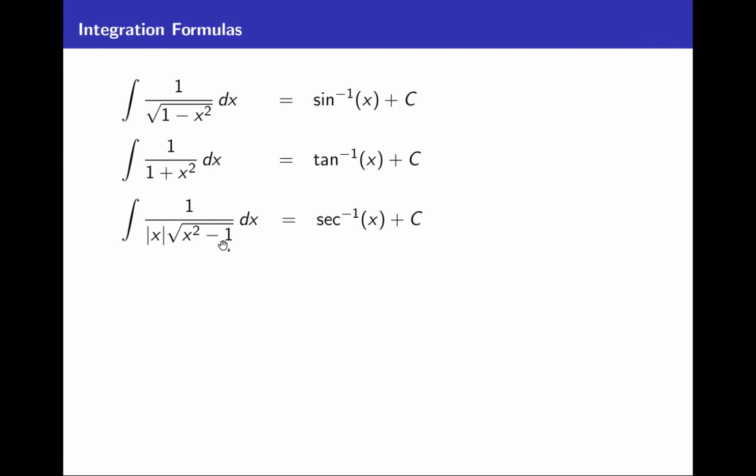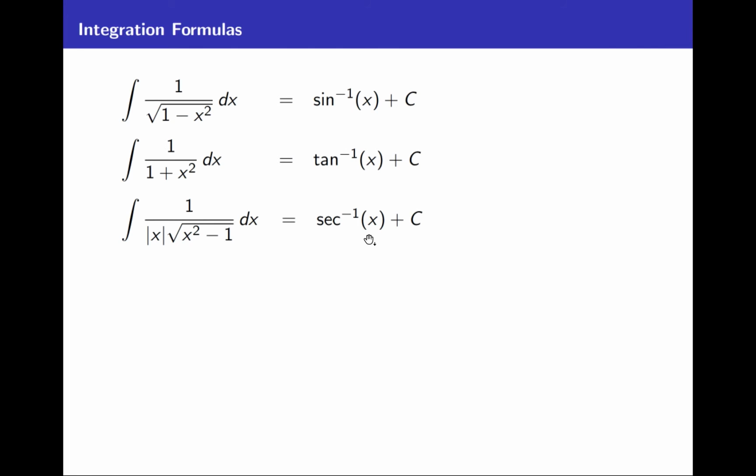But the way this normally works is that if you're finding an antiderivative of a function that looks like this one, it's probably going to come to you in a way that doesn't have the absolute value of x there. So we're going to correct that, and you can read the details of this in the text. We're going to correct this by removing these absolute value bars and putting them right here.